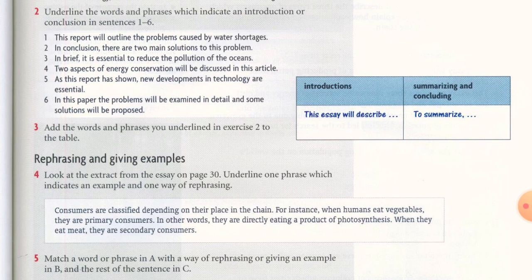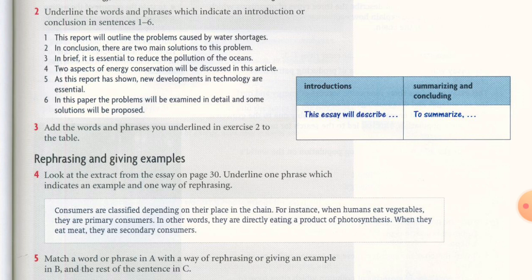And we should add the words and phrases you underlined in exercise two to the table. For example, it is given introduction and summarizing and concluding. This essay will describe relates to introduction, and to summarize links to summarizing or concluding. This report will outline, introduction.